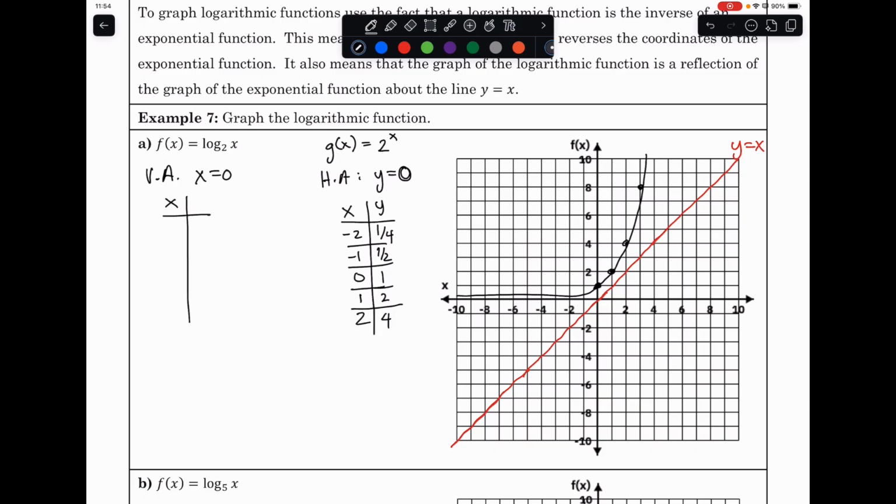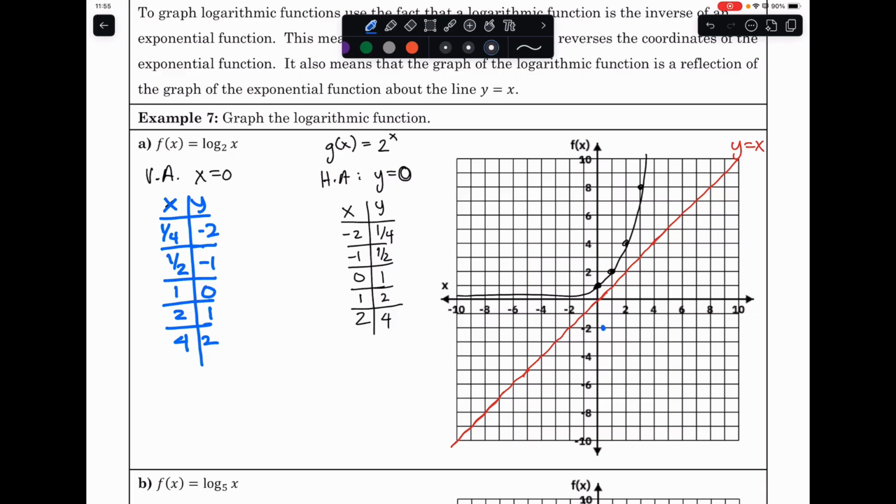Let me do them in a different color, in blue here, a thicker one as well. So x, y, and if I flip these, 1/4, 1/2, 1, 2, and 4, the y values would be 2, 1, 0, -1, and -2. Let me plot those points.